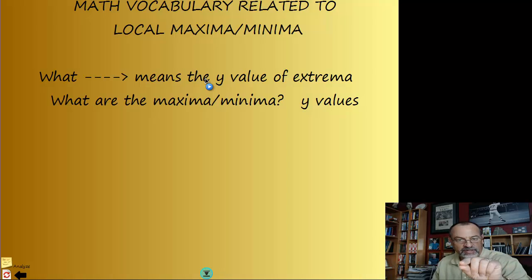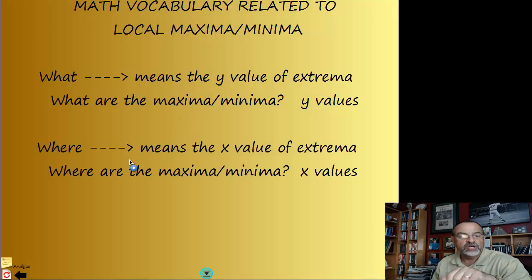Every point on the graph does. When I ask you what is the minimum, I'm asking you the y value. When it asks where does that max or minimum occur, where means the x value of that maximum or minimum. So it's very important to know the difference between the two.